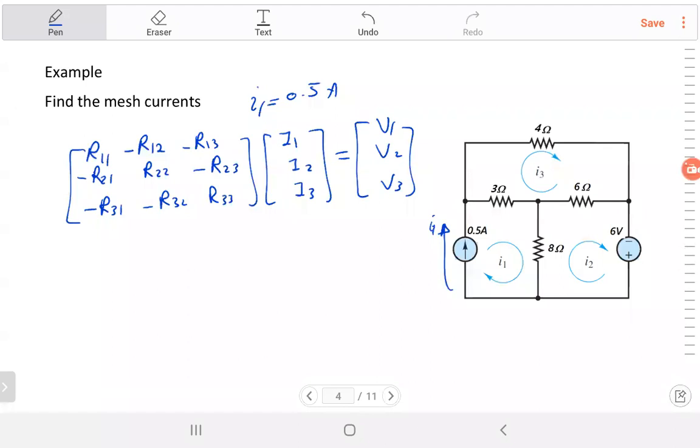But now we are not going to solve for I1. So you don't need this one, you don't need this one. You do that, and then write the equations, whatever is left.